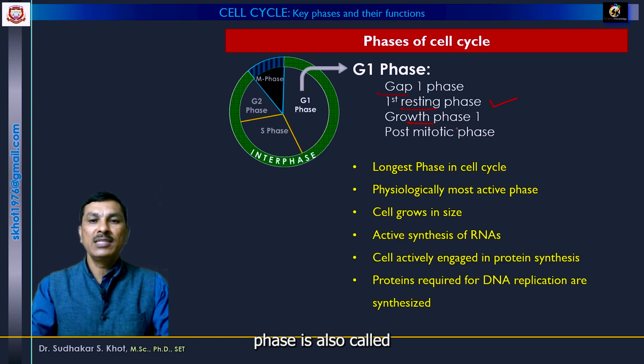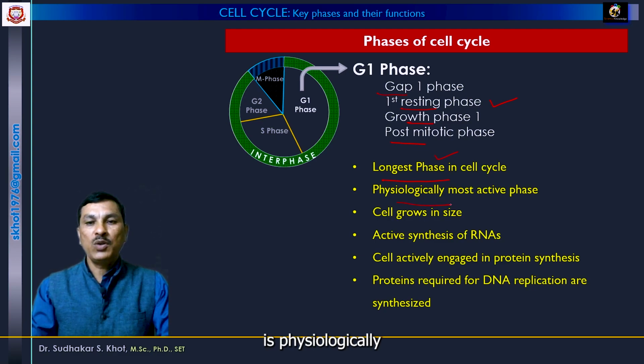So G1 phase is also called the growth phase. As this phase occurs after mitosis, it is called the post-mitotic gap phase. Now here we can see the G1 phase is the longest phase in the interphase. Much of the time in the cell cycle is expended in the G1 phase.